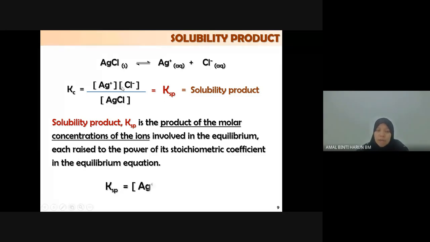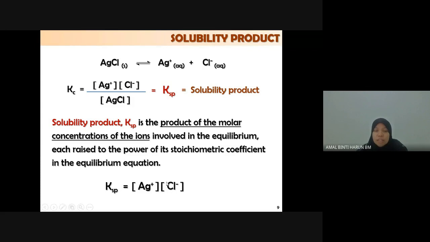So kita boleh gambarkan nilai Ksp yang tinggi berdasarkan magnitude Ksp tu, kalau nilai Ksp ni tinggi, bermaksud concentration silver ni banyak, concentration chloride ion pun banyak. So kalau banyak means dissociation dia tinggi.